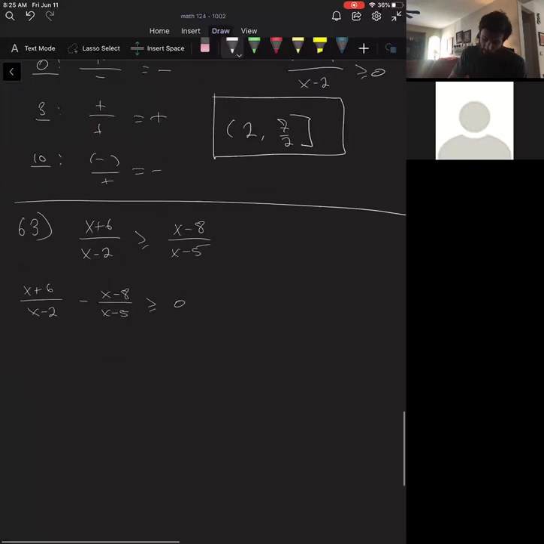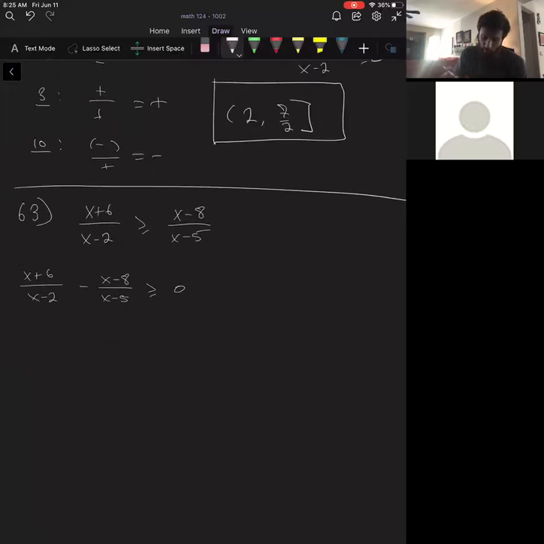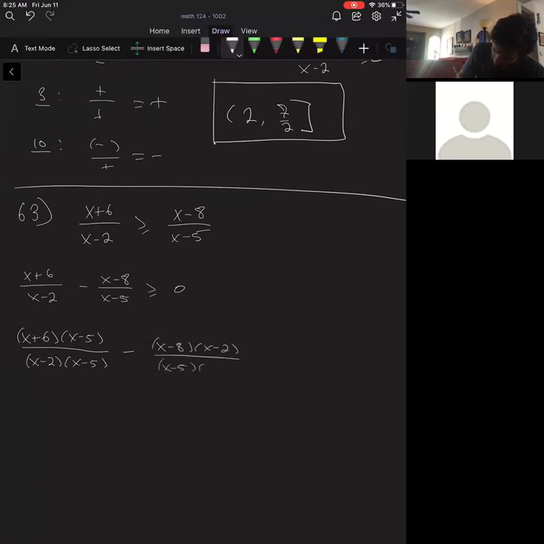The common denominator is going to be x minus 2 times x minus 5. So this one on the left, x plus 6, we need to put an x minus 5 up here, and we also put an x minus 5 on the bottom. And on this one, we're going to need to put an x minus 2 on the top, and in addition, the x minus 2 has to go on the bottom. So that's going to be bigger than or equal to 0.